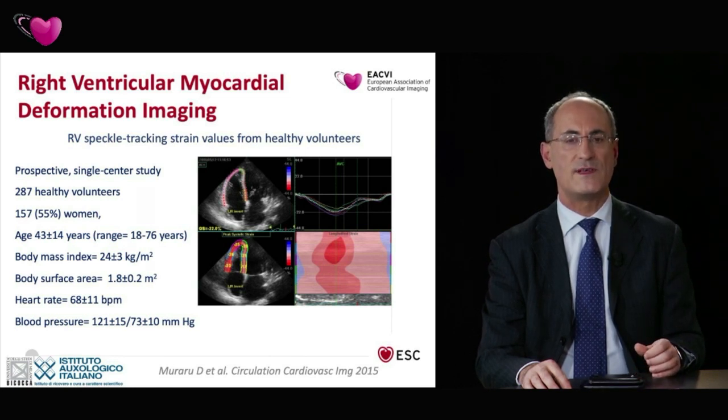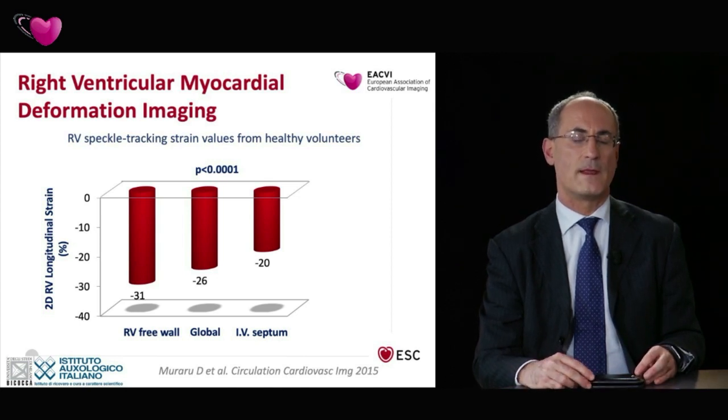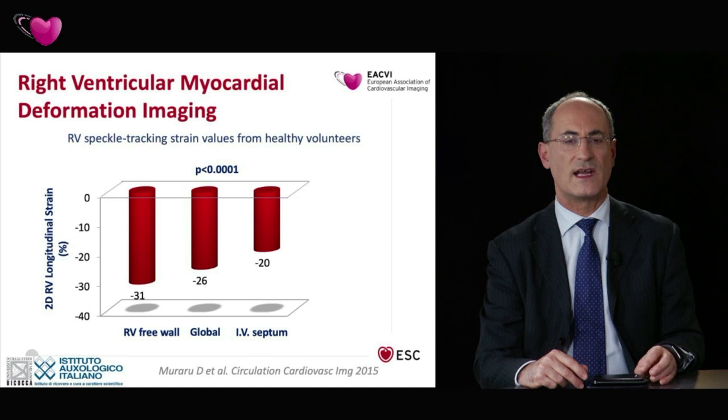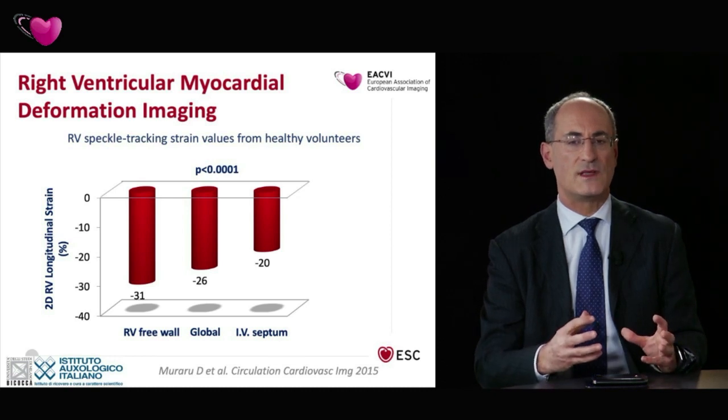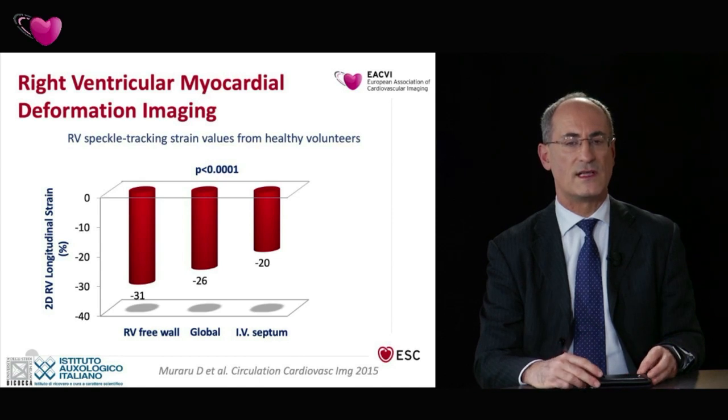And what's important to remember here is that the strain measured at the free wall is always larger than the strain measured at the septum. And when we obtain the so-called global or four-chamber right ventricular strain, that is the average between the two, the values are lower than measuring the free wall.